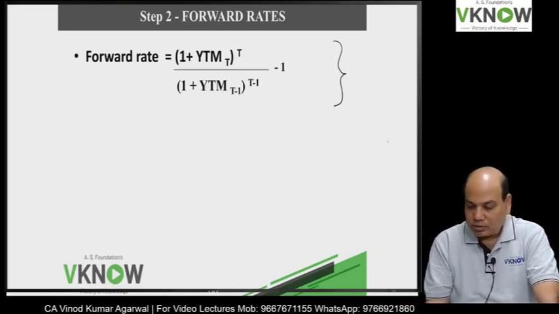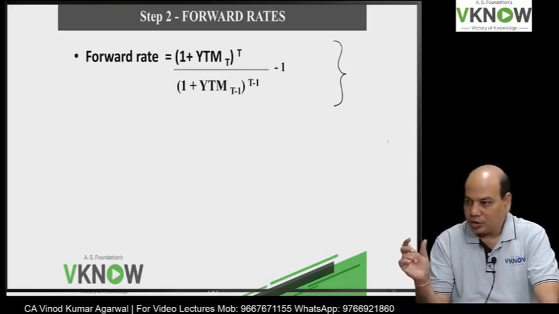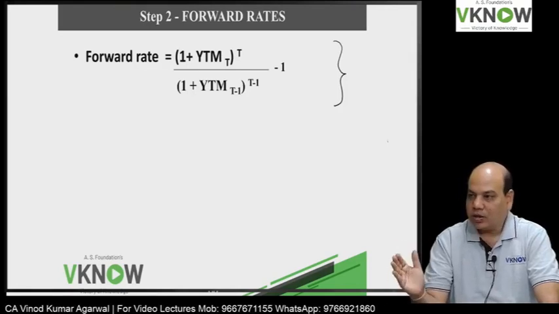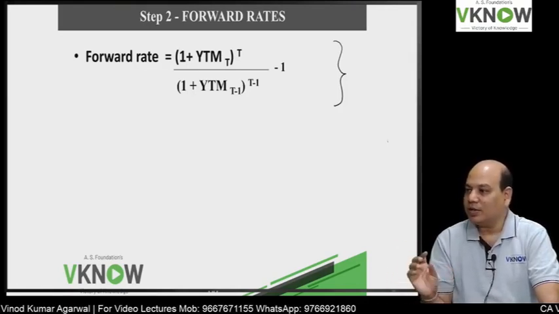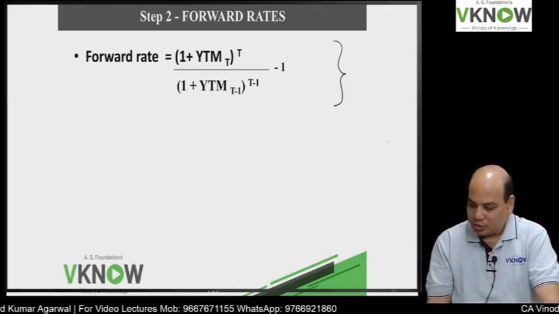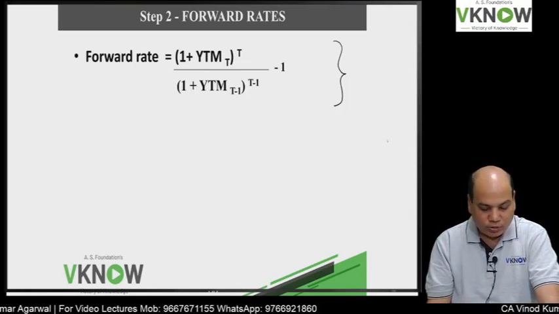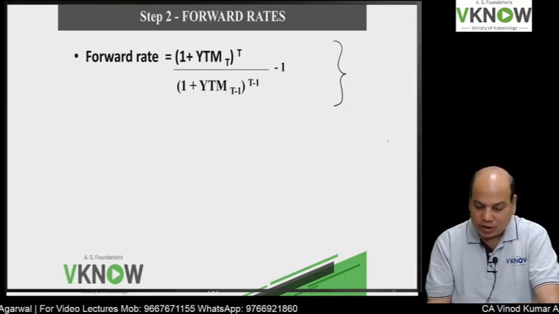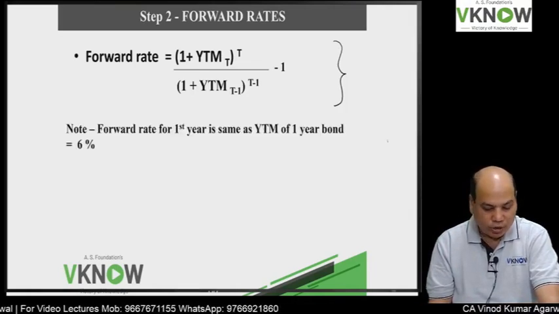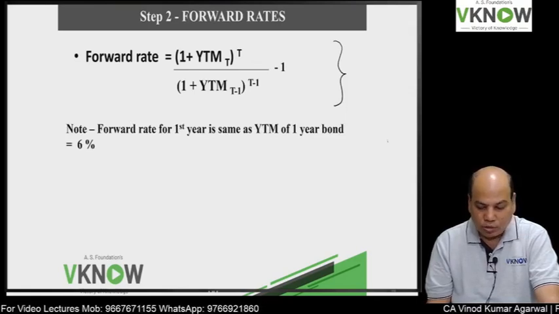Now for year 1, the forward rate and YTM will always be the same. So basically we have to do the calculation for the second and third year. Write down one note below.